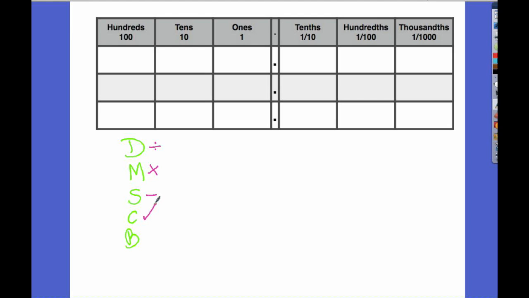You check your answer to make sure it's not bigger than the number it's going into. And then what's this thing? The B. Everybody.